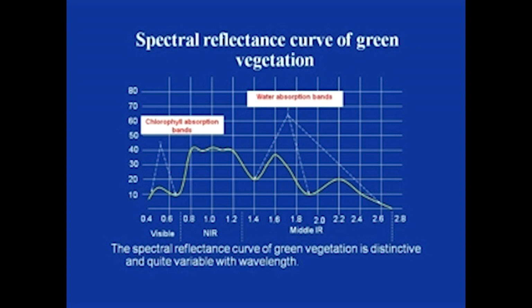Beyond the near infrared region, the reflectance again dips, and we find that in the middle infrared there are three such troughs, and these are primarily due to the water absorption bands.